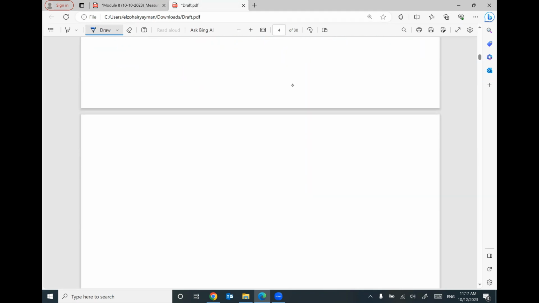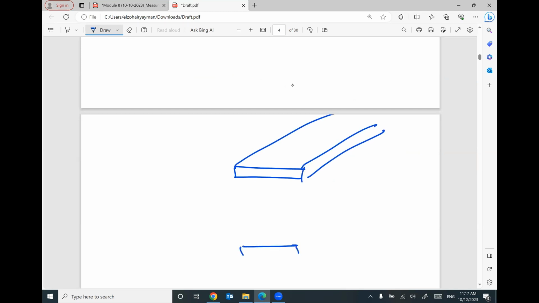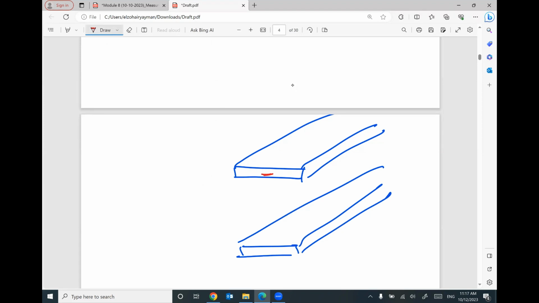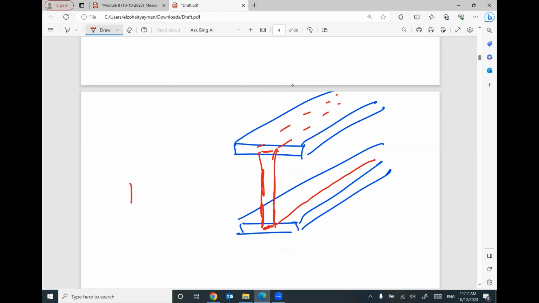I have a piece like this. I have another piece like this. And I have another piece looks like this. These pieces are connected together to create an I section.